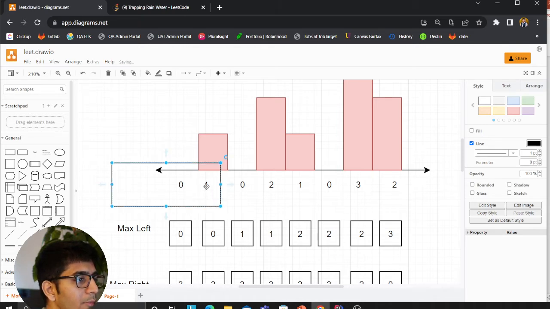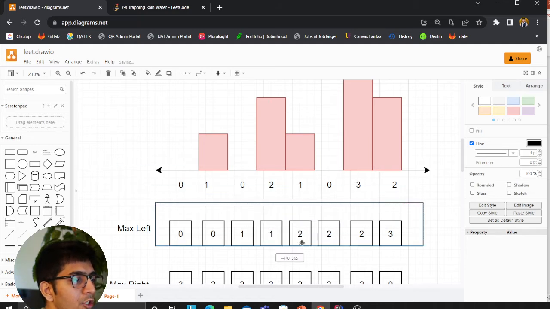When you come to this element 1, towards the left hand side of 1, what is the maximum you have seen? 0, right? Now I'm on the third position. What is the maximum I have seen on the left hand side? 1 and 0, what is the maximum? 1. Similarly here, what is the maximum I have seen on the left hand side? There are 3 elements, 0, 1 and 0. The maximum is 1, right?